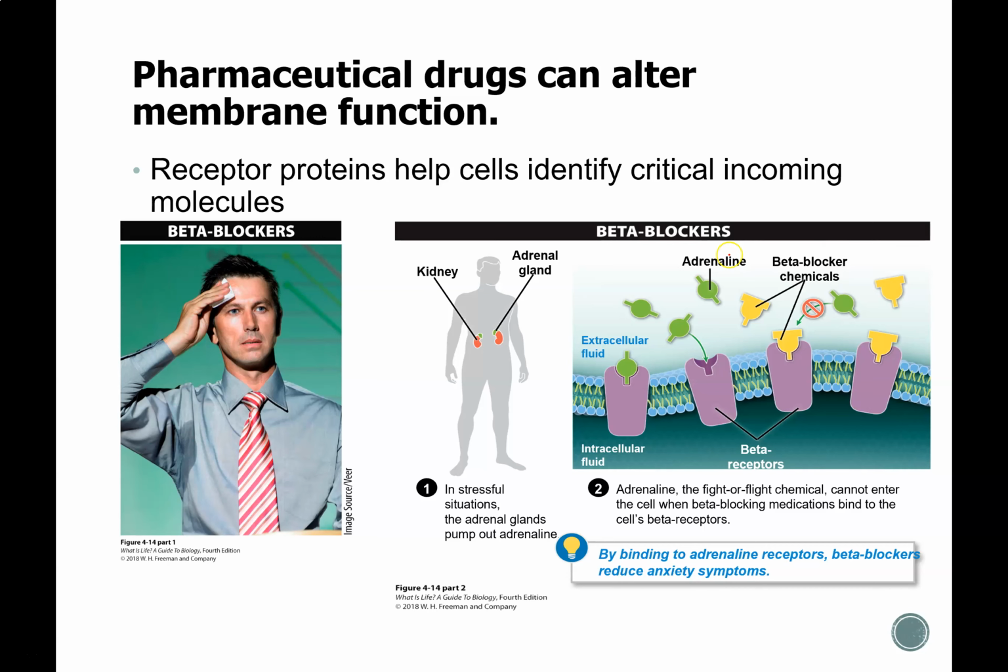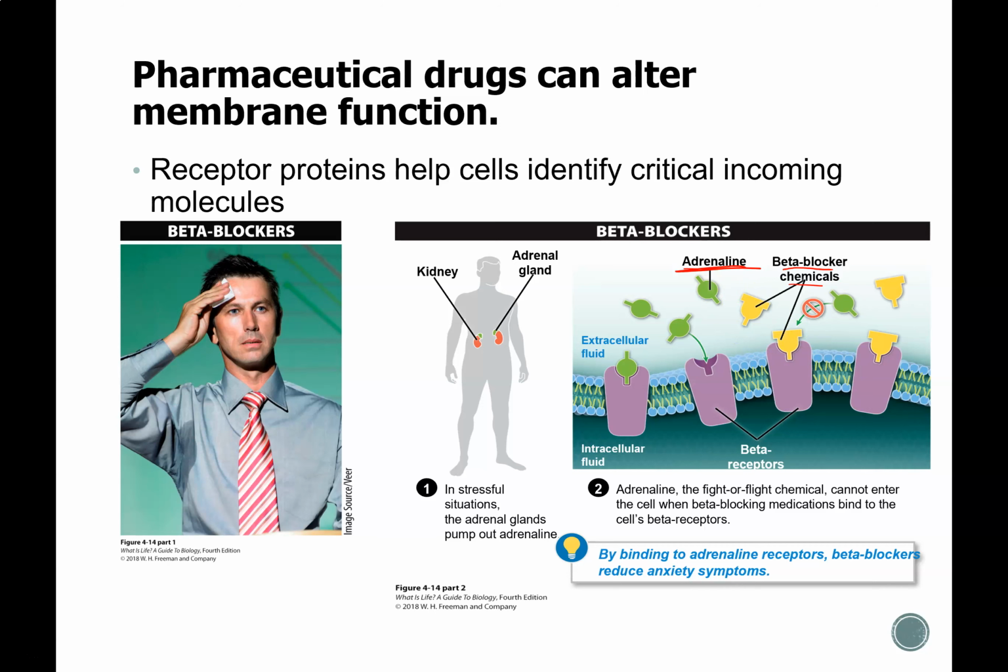So normally we have adrenaline molecules, it's our fight or flight molecule, that binds to specific receptors on the cell, and that then starts a cascade of reactions that causes our fight or flight, our increased breathing rate, our jumpiness, whether you are going to stand and fight or whether you're going to run away, that response.